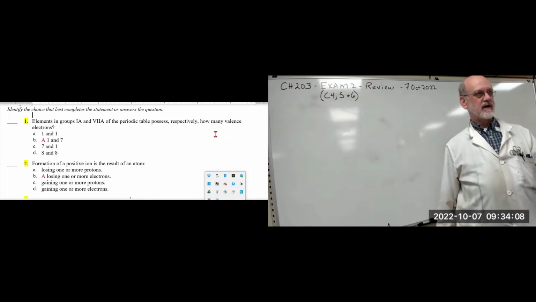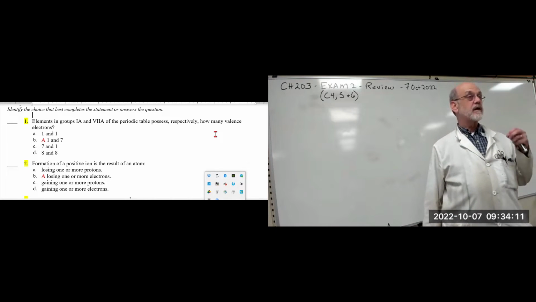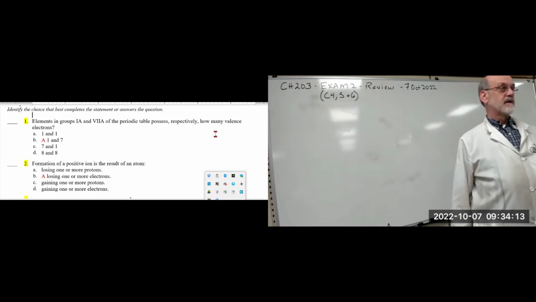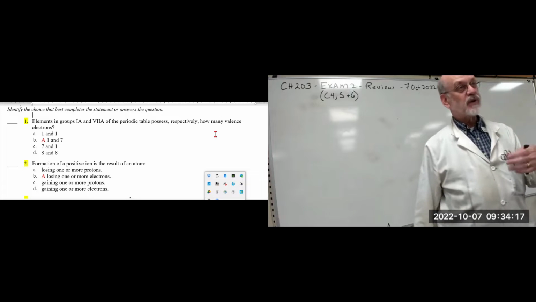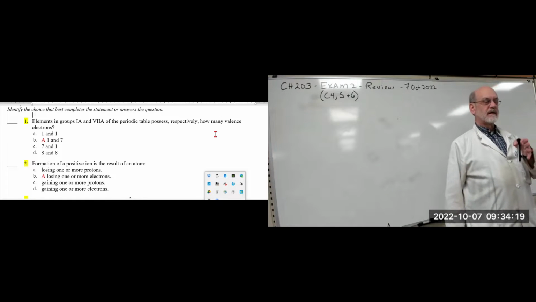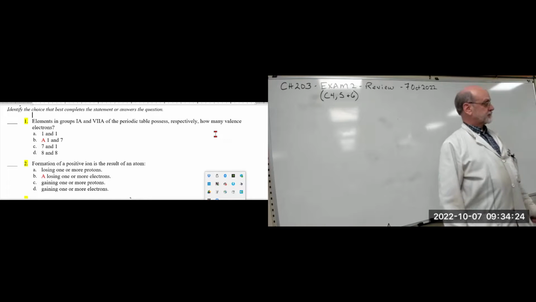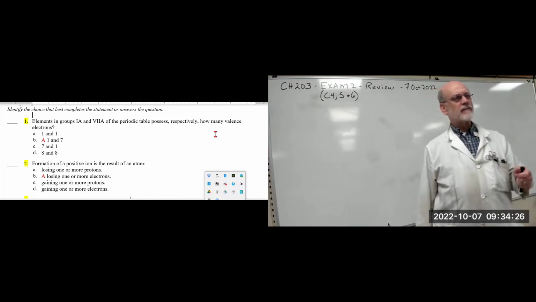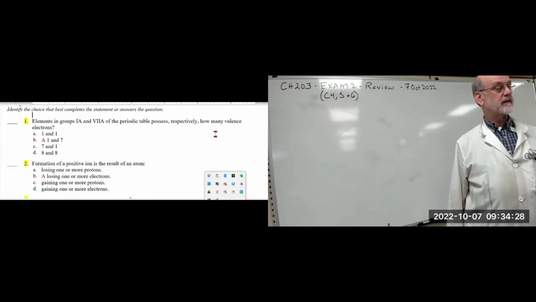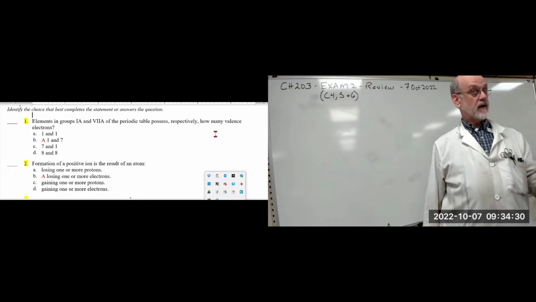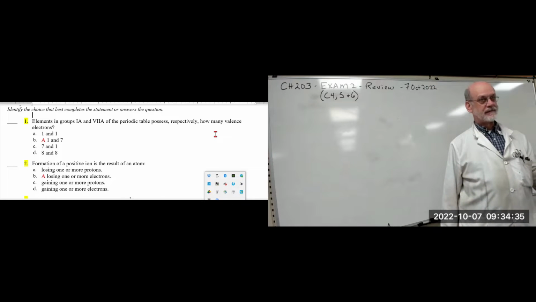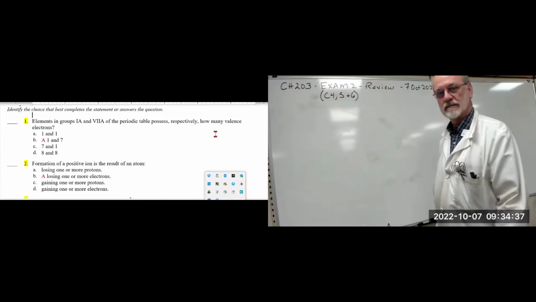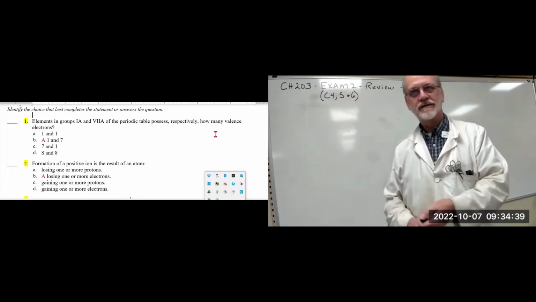Nonmetals make negative ions when they're reacted with a metal, because you've got to transfer the electron completely from the metal to the nonmetal, like sodium to chlorine to make sodium chloride. If you have 2 nonmetals bonded together, what do you got? You don't have ions, right? You have a covalent compound. Okay, I'm expanding on the question.